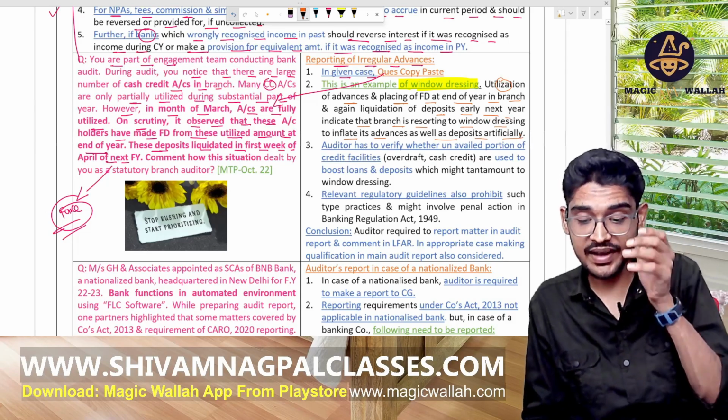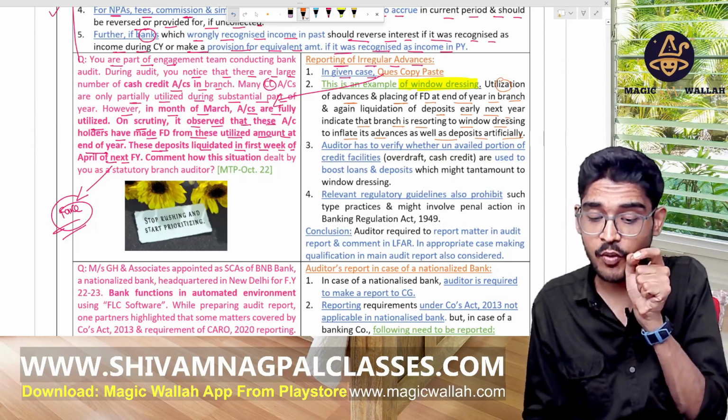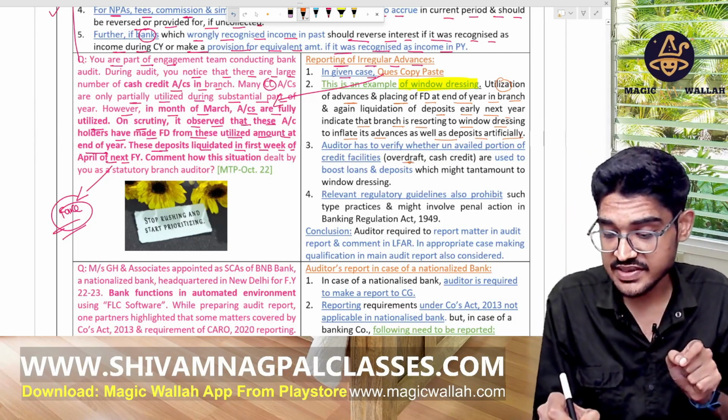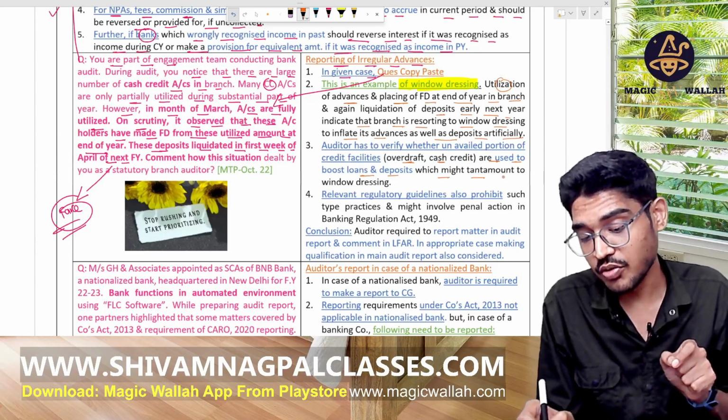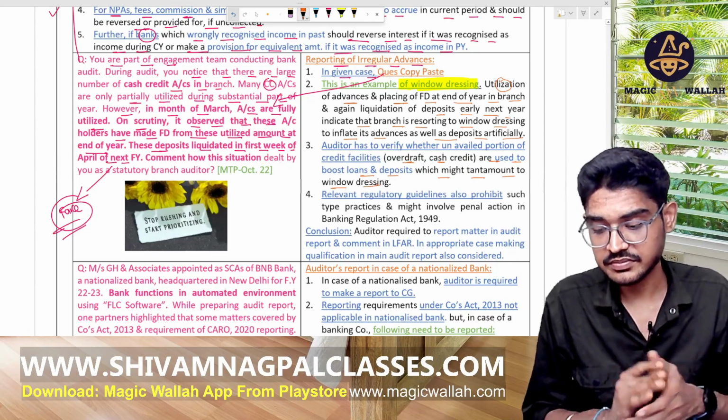So we have to verify whether the unavailed portion of the credit facilities, overdraft and CC, are used to boost the loan and deposit, which might amount to window dressing.